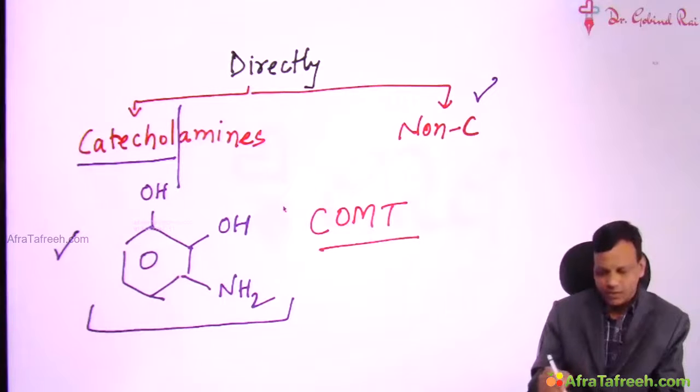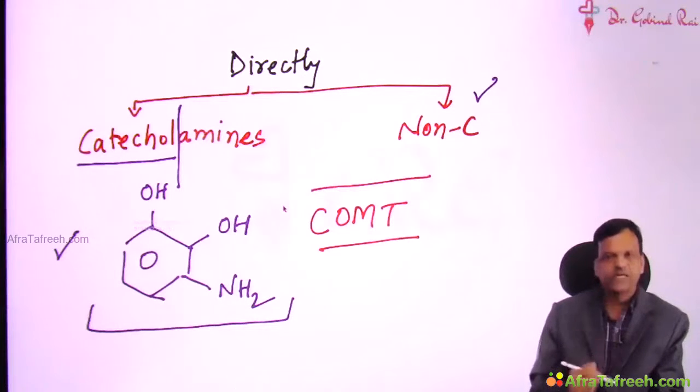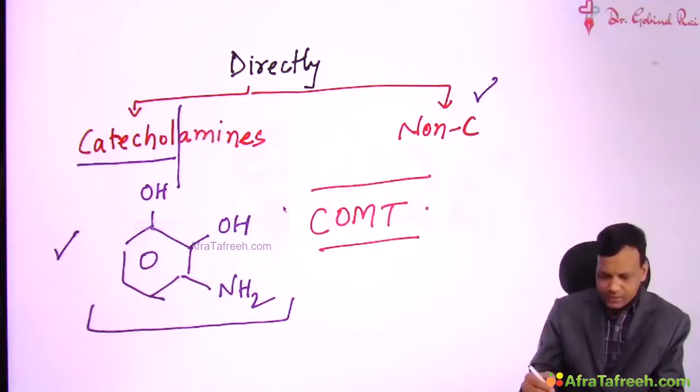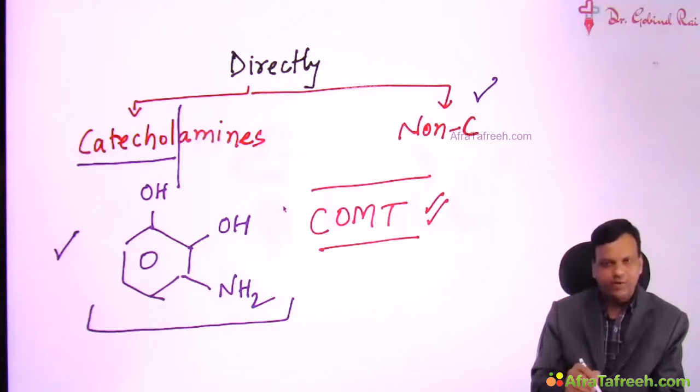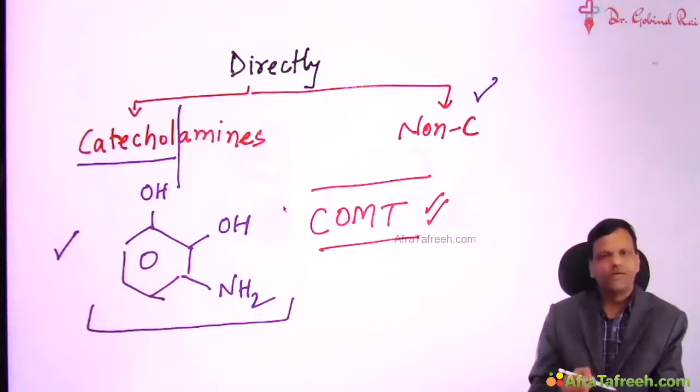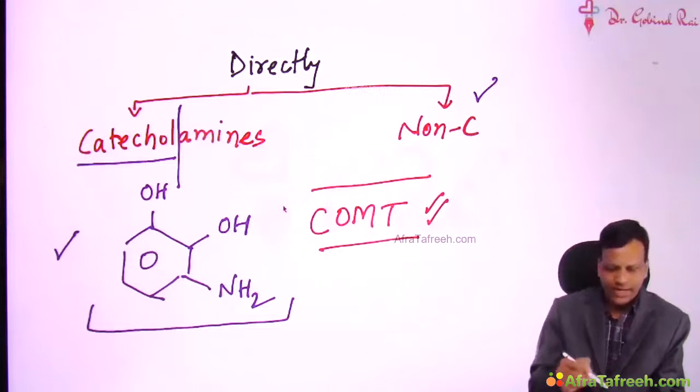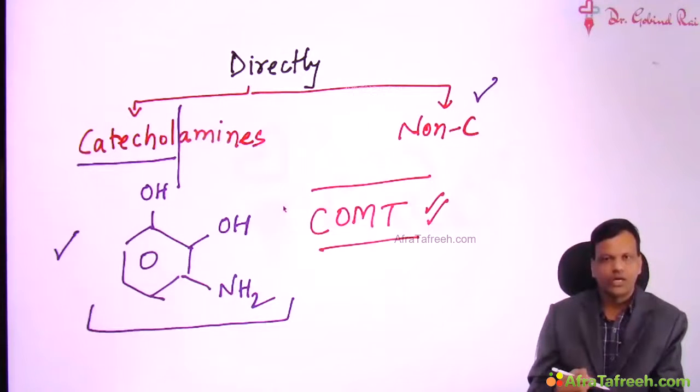So this enzyme can recognize any drug which contains this chemical structure. And this enzyme is present in large quantities in the GIT. So if any person takes any catecholamine orally, COMT is already waiting there to break it down. So no catecholamine will be effective orally. That is the only important thing to know, that catecholamines are not effective orally, whereas non-catecholamines may be effective orally.